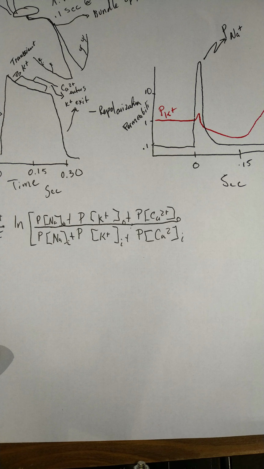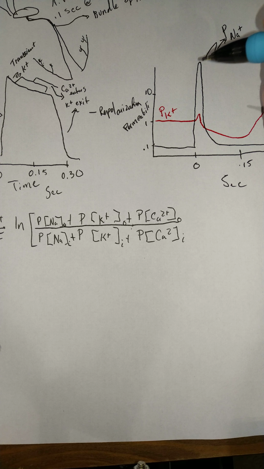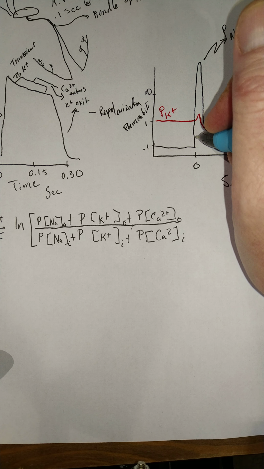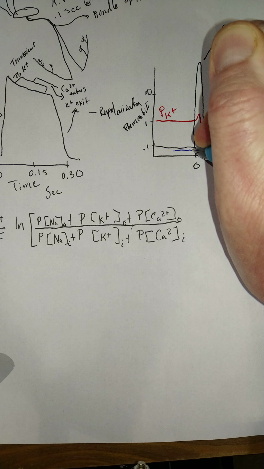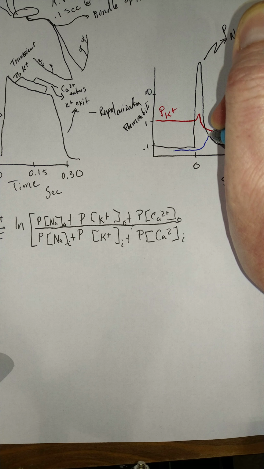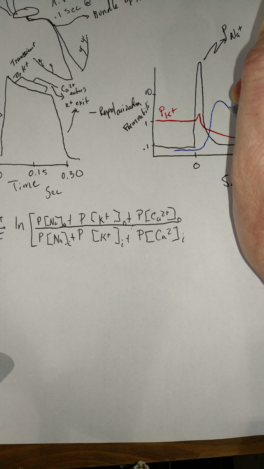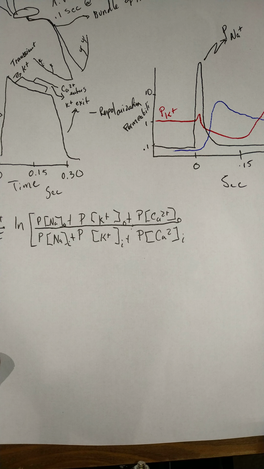Lastly, we have the permeability of calcium. So this is a little bit delayed. Our permeability is slightly below our sodium permeability. And right here, you got an overshoot. And then back.